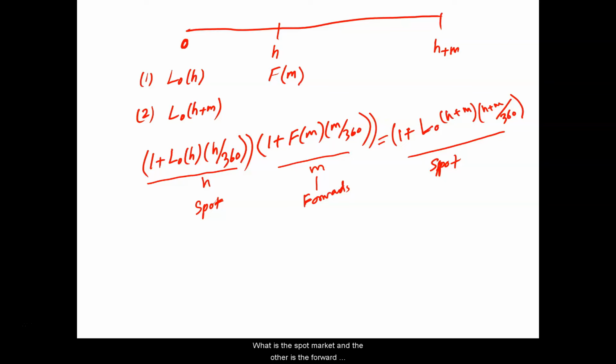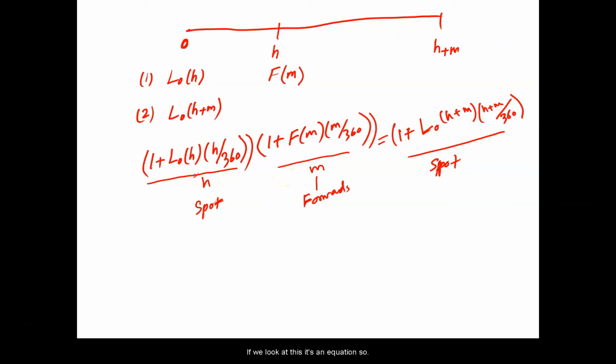One is the spot market and the other is the forward market, and there are two transactions in the spot market and one in the forward market. But of course, this forward market transaction is also done today. The condition, as we said, is that the effective borrowing rate for borrower 1 and borrower 2 must be the same.